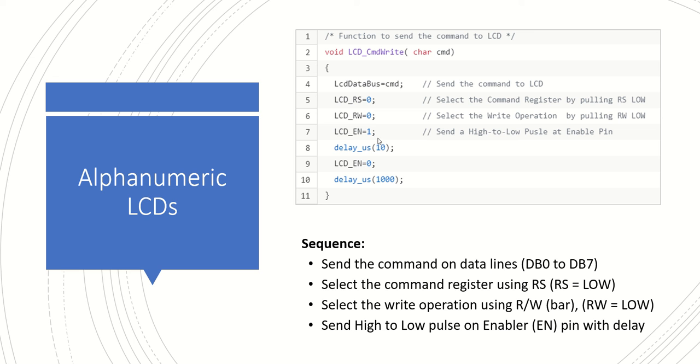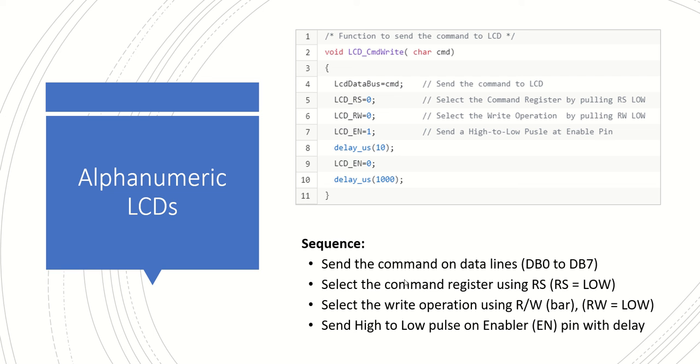Then you have enable, which is 1, and then you give some delay and make it low again, so it is treated as a latching signal for the LCD, and the data is sent on the data line. So this is the simple function you need to make for a write command. Here you will send the command value, and whatever command you send will be sent to the LCD via the latch.